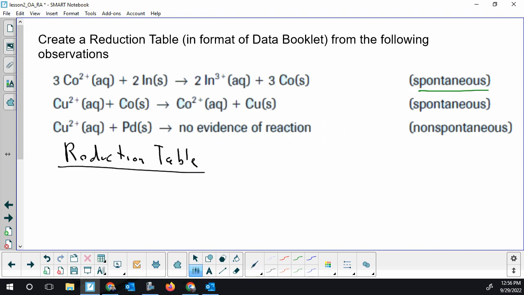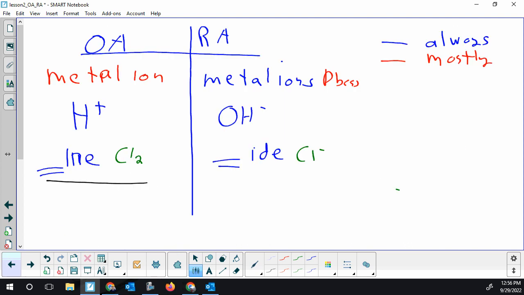What was on that summary table, our first slide? Elemental metals are always, oh, and I wrote it wrong. Nobody corrected me. I wrote the lead right, but I wrote metal ion twice. Just our elemental metals are always reducing agents.